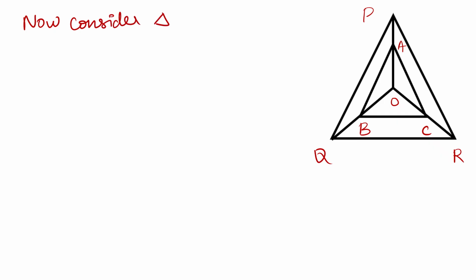Consider the same figure again and mark the respective points P, Q, R, A, B, C and O. Now consider triangle OPR. In this triangle, AC is parallel to PR, which is given already.